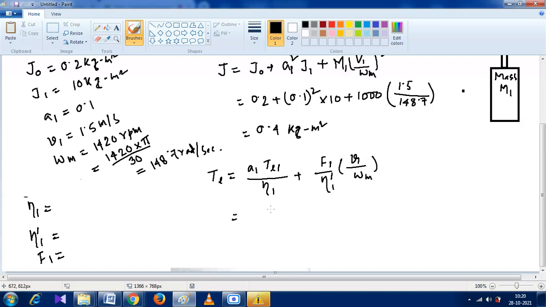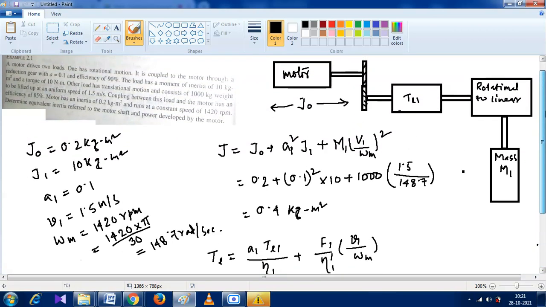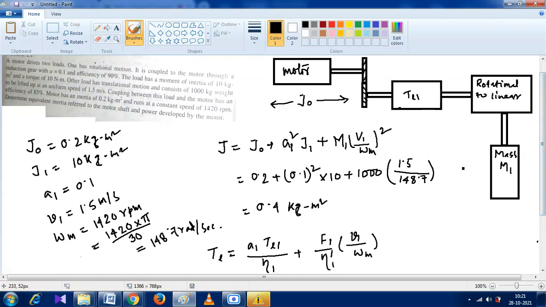What is the value of A1? 0.1. And what is the value of TL1? Here you say that the torque is 10 Newton meter.